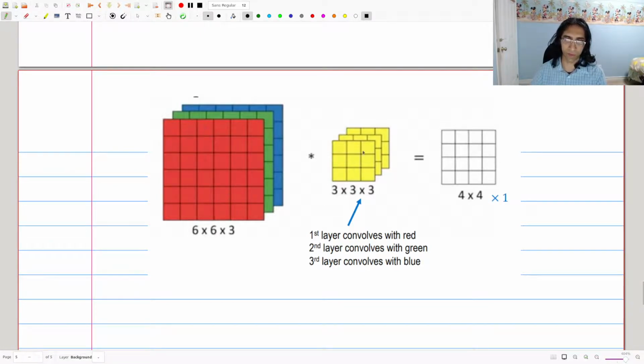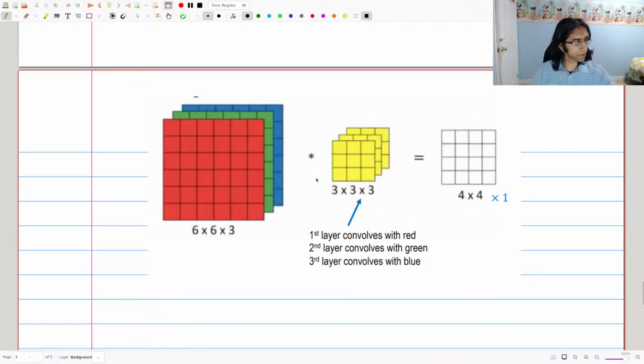So this is one filter here, and you can see that it's going to have a depth 3, and then you just convolve each layer with one of the input channels, and then you sum them, and that gives you a 4x4 output like this.